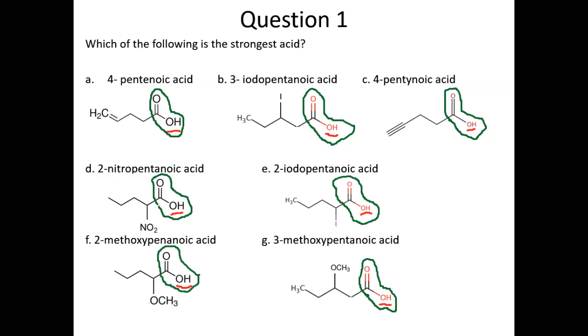The next step is we look for electron withdrawing groups. Which one of these has electron withdrawing groups on them? Well, A doesn't, just a double bond, but that's not electron withdrawing. B does, an iodine. It's not a very strong one, but it's there. C doesn't. D does, a nitro group is an electron withdrawing group. E does, it has an iodine.